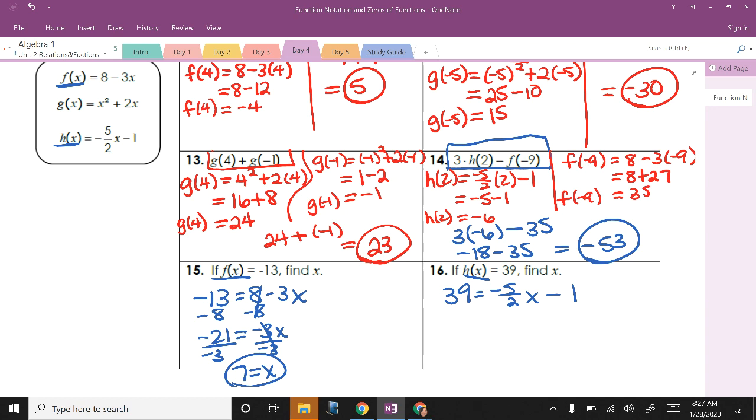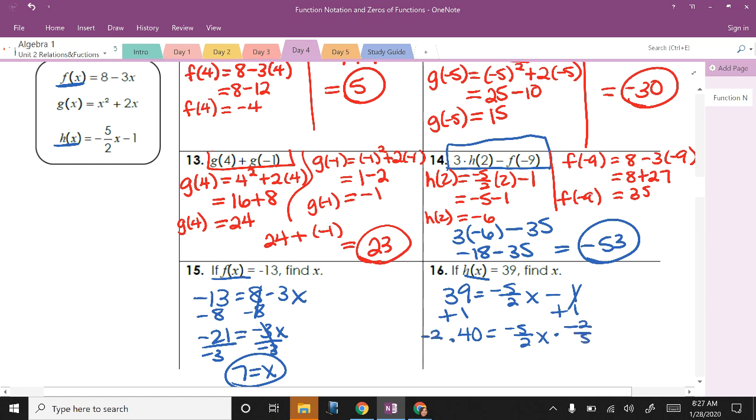How do I do that? Add the 1. What's 39 plus 1? So 40 equals negative 5 over 2x. How do I get rid of a fraction times my variable? Multiply by the reciprocal. What's the reciprocal of negative 5 over 2? Yeah, negative 2 over 5. Good. So those cancel over there.